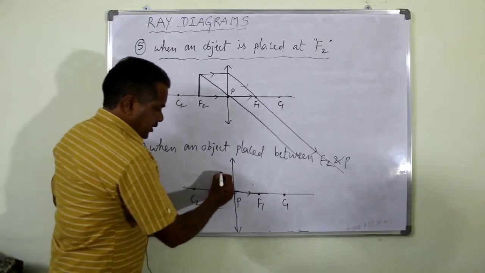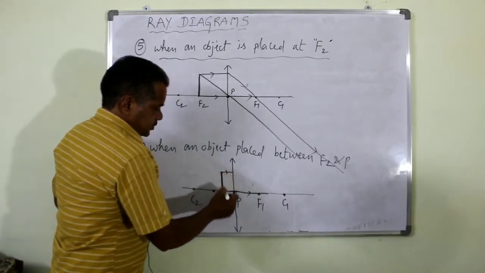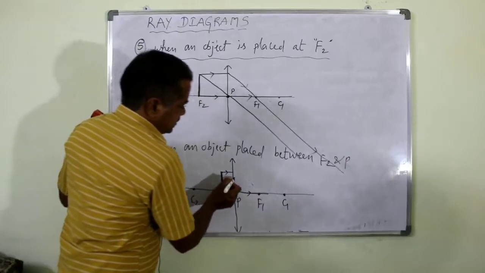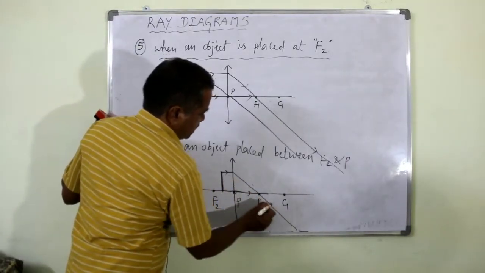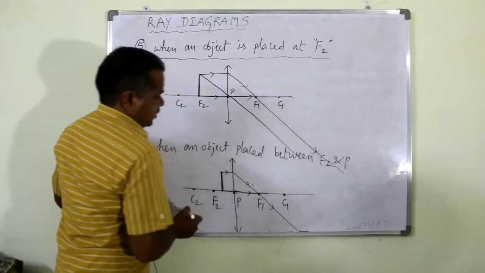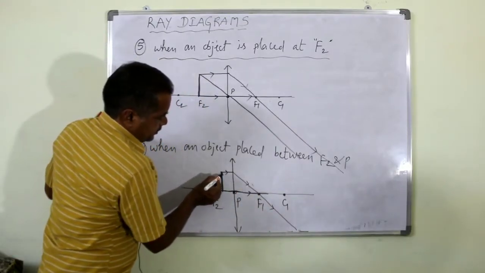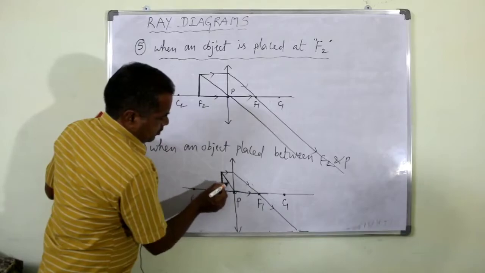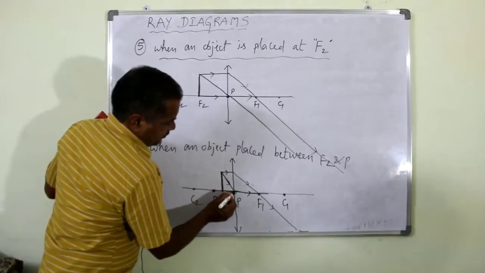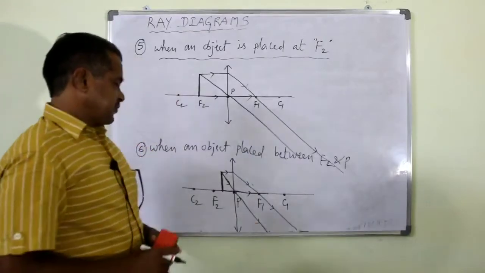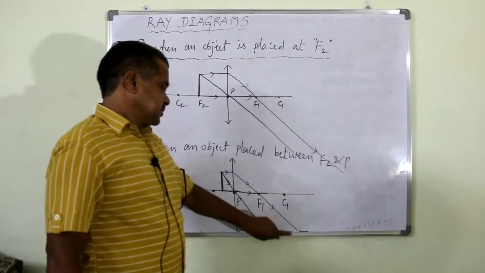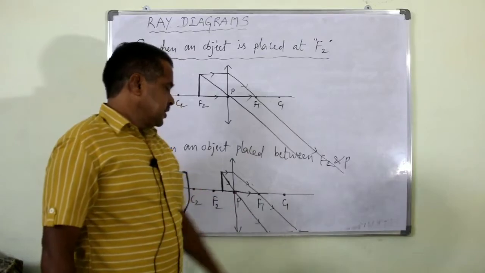And take one more light ray from the top of the object which passes parallel to the principal axis. Then the corresponding refracted ray passes through the focus point. And take one more light ray which passes through the optic center. The corresponding refracted ray doesn't deviate its direction. Here also these two refracted rays don't intersect at any one point in this direction.